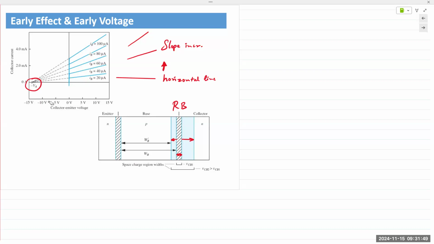The reason it's important is because the output resistance increases because of the increase in the collector voltage. And that is a consideration when we want to design an amplifier that is going to drive an output load. So early voltage is defined as the value of VCE on the negative axis, so it's minus VA.